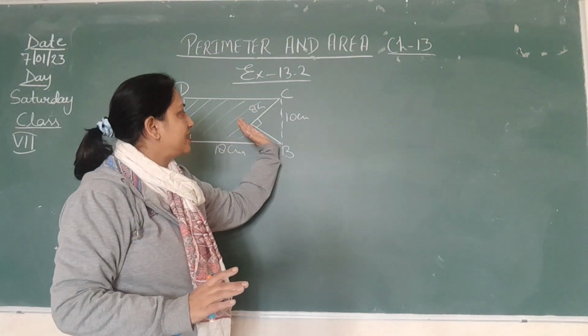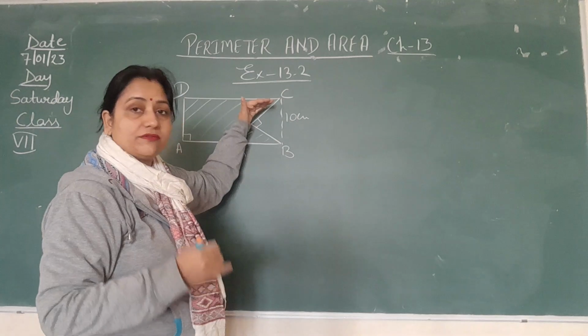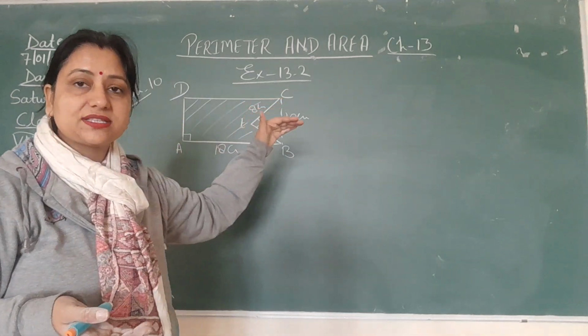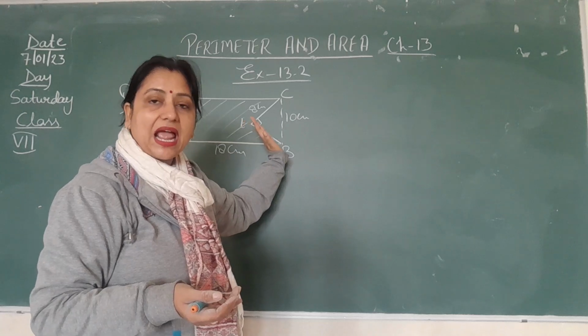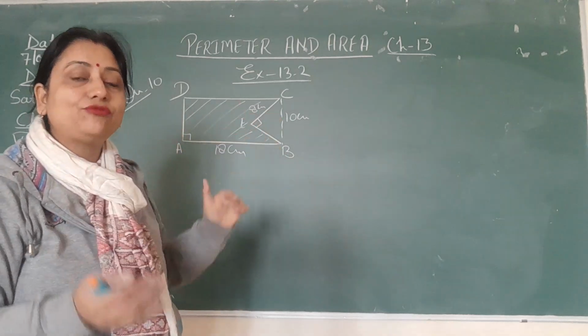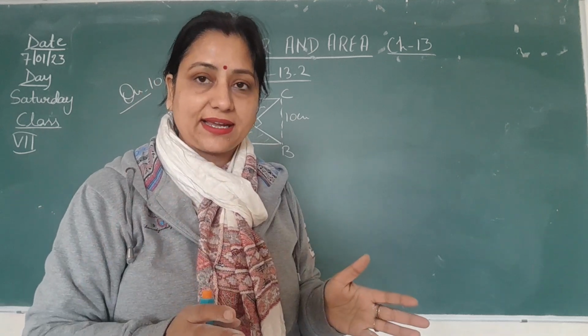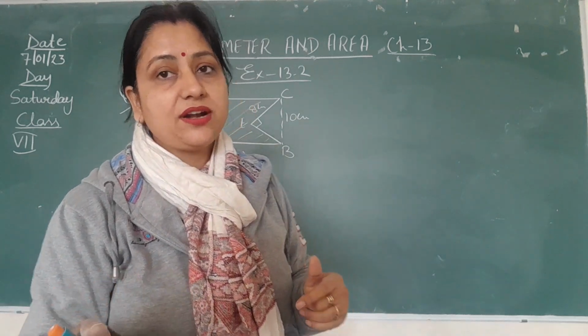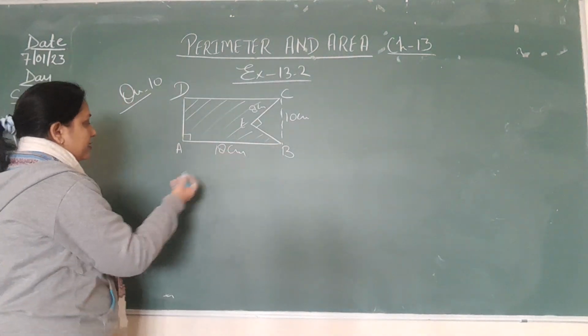Here the base is not given, the height is given. So first we will find the base of this triangle by using Pythagoras, and then subtract it from the whole area. So I am going to solve like this.